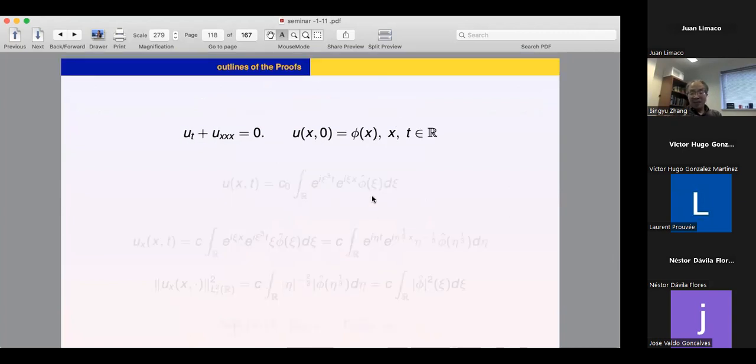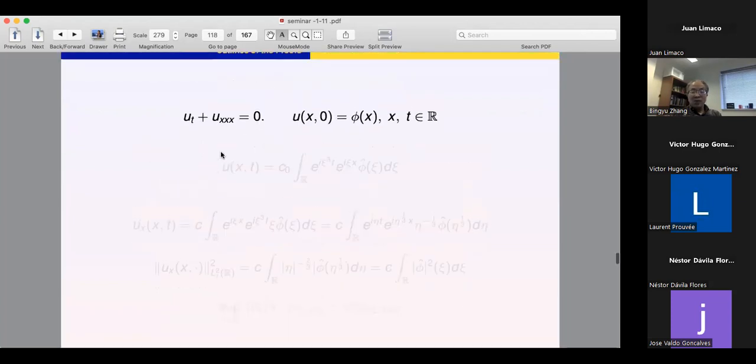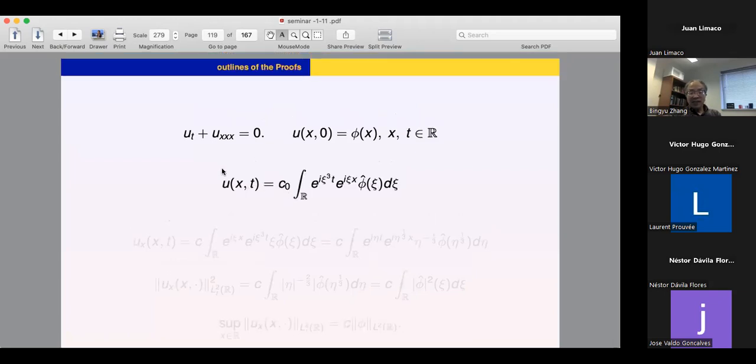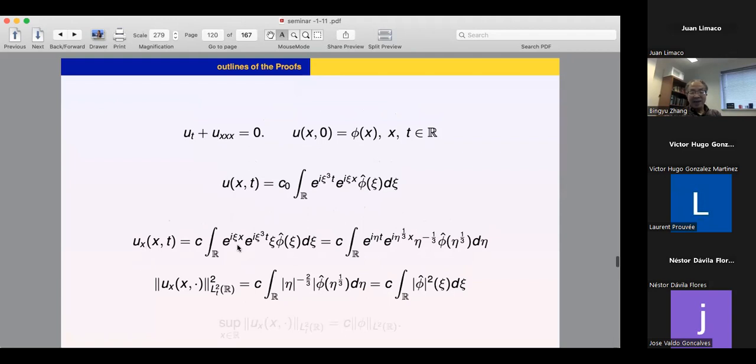Let me take this example here. The solution of the linear KdV on the whole line. First of all, you can use the Fourier transform to get an explicit integral representation of the solution in terms of its initial data. That's the role played by the Fourier transform. With that, you get u sub x, and then you can do some transformation.